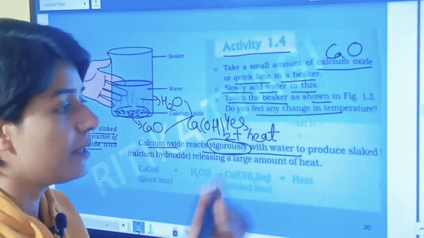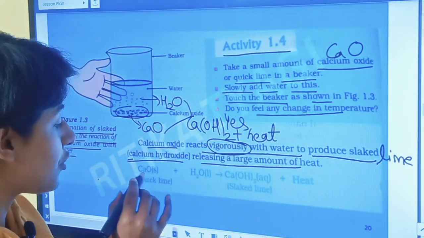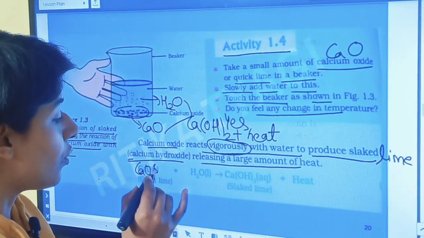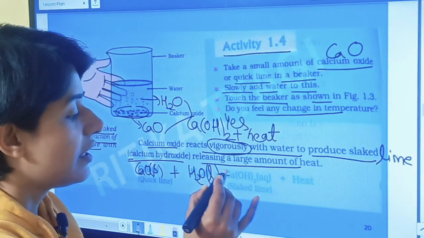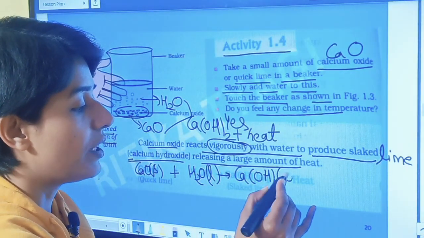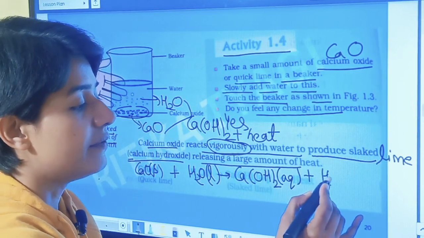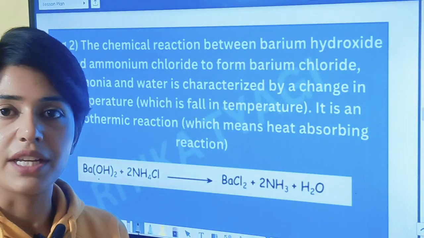Vigorously means fast. Calcium hydroxide releases a large amount of heat. Here it shows calcium oxide solid in state, adding water liquid in state, then it forms calcium hydroxide Ca(OH)2 aqueous plus releasing heat. It is shown here. This is the first example of a change in temperature.